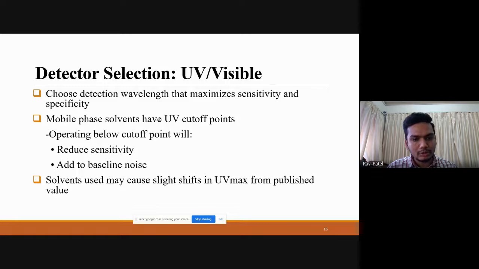Then the solvent used may cause a slight shift in UV lambda max from the published value. Of course, whether we are using methanol, water, or ACN, that slightly changes the lambda max value with respect to the reported value.